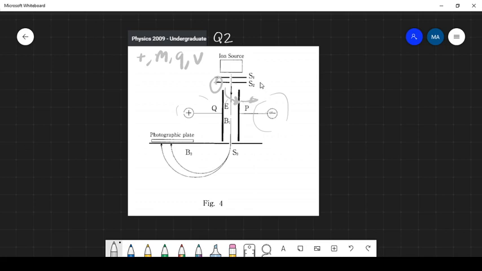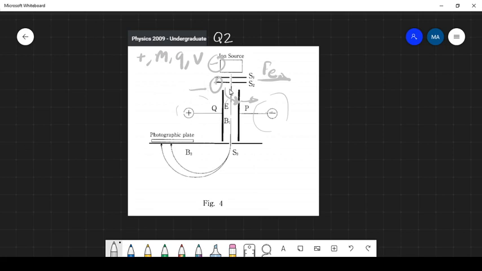This is why the electric force is over here. But if it was a negative charge, you would have the electric field there but the force over here, because a negative charge would want to go to the positive charge. So just remember this.